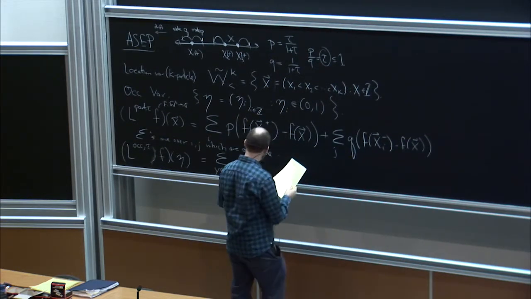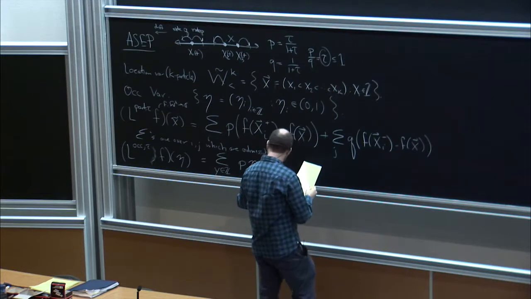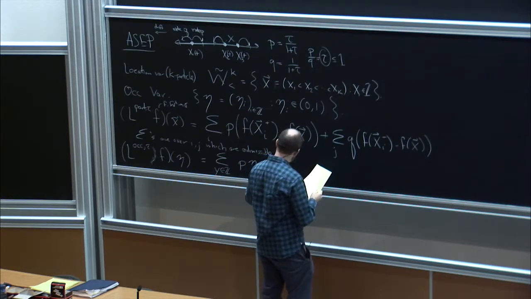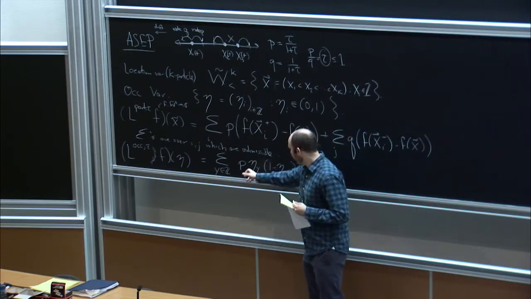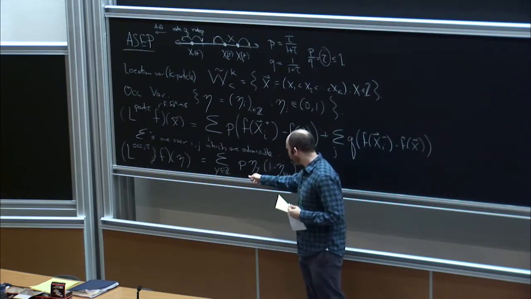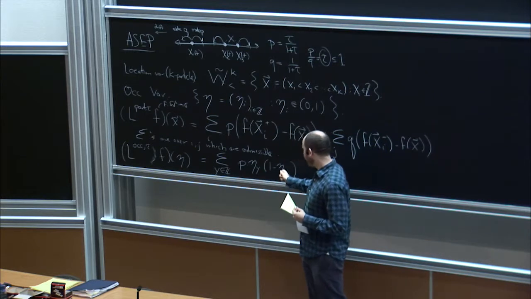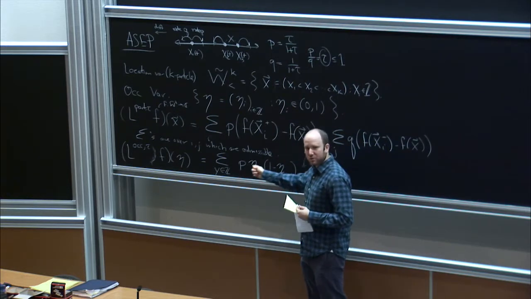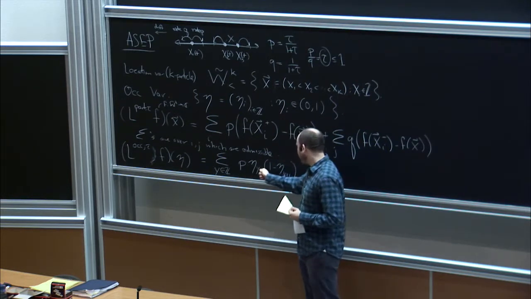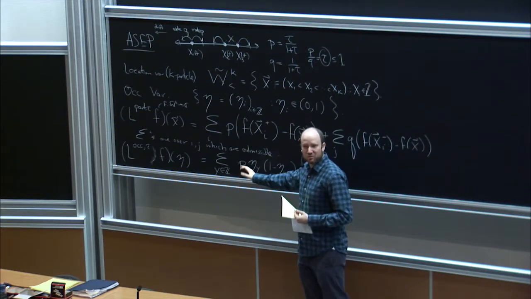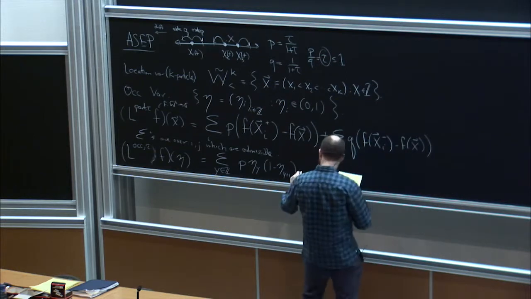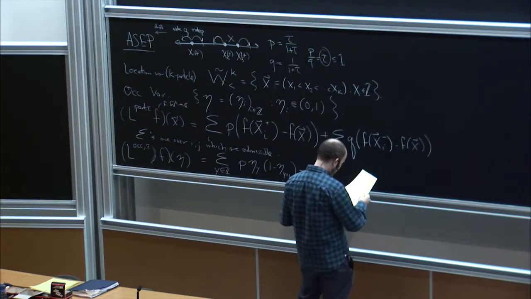So how do you encode that in terms of occupation variables? Well, you write eta_y times (1 minus eta_{y+1}). So at rate p, this quantity will be equal to 1 only if this is 1 and this is 0. For any other choice of spins, if this is 0 and this is 1, or if this is 1 and this is 1, the whole expression will be 0. So you can also then encode the jumps in the other direction.